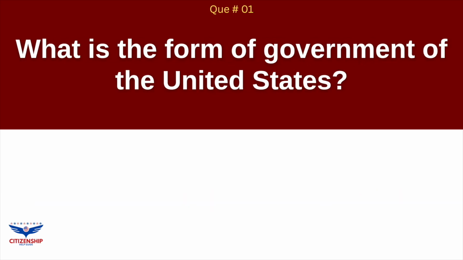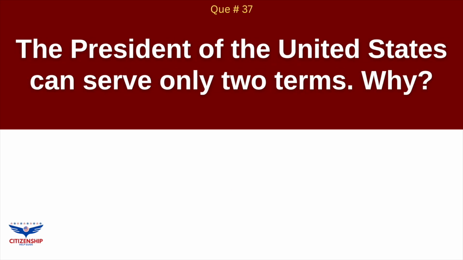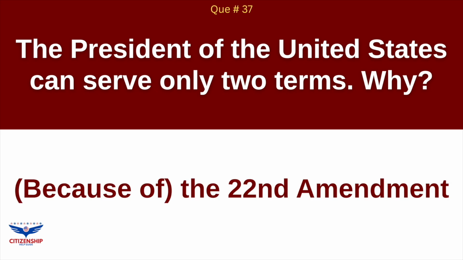What is the form of government of the United States? Republic. The President of the United States can serve only 2 terms. Why? Because of the 22nd Amendment.